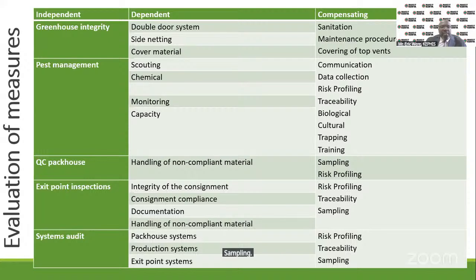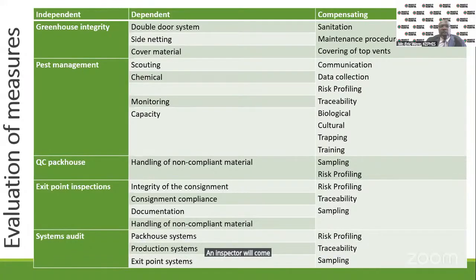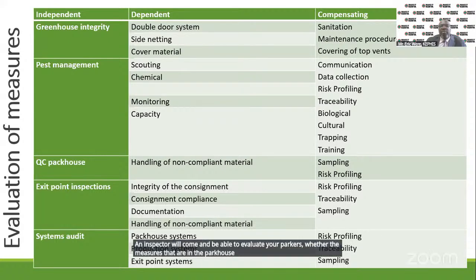Now, we have the audit as an independent measure. We have the pack house audit, we have the production system audit, and we have the exit point systems. If you look at your pack house, an inspector will come and evaluate whether the measures in the pack house are good enough to mitigate against FCM.